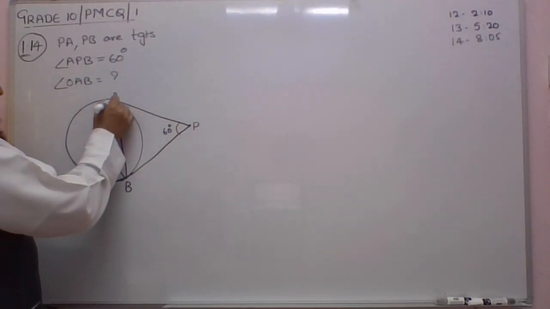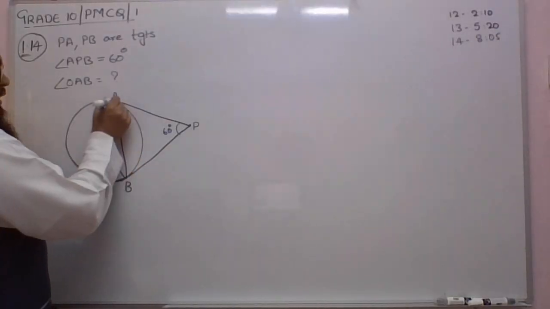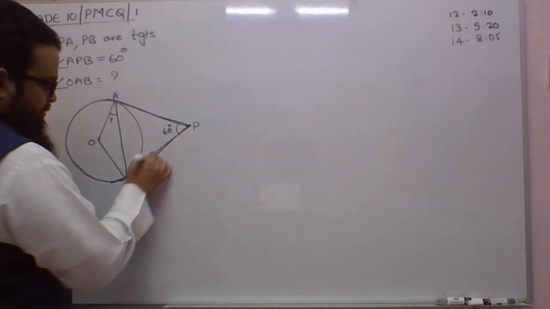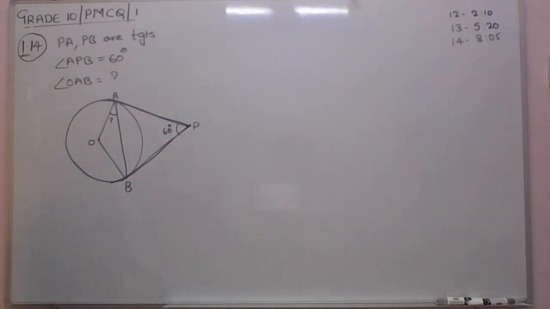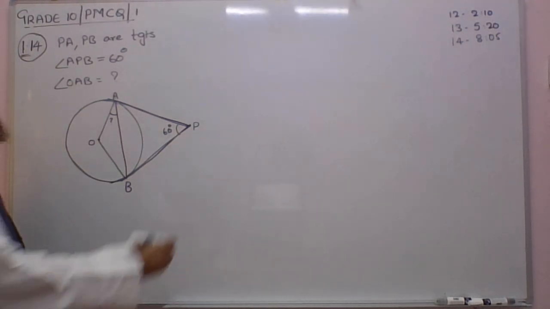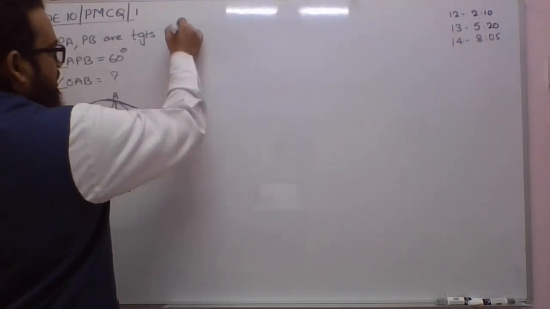Now OAB, right? What is the first one? I'll tell you. What do you say about PA and PB? What are PA and PB? Tangents. So tangents are equal. So what is the concept?